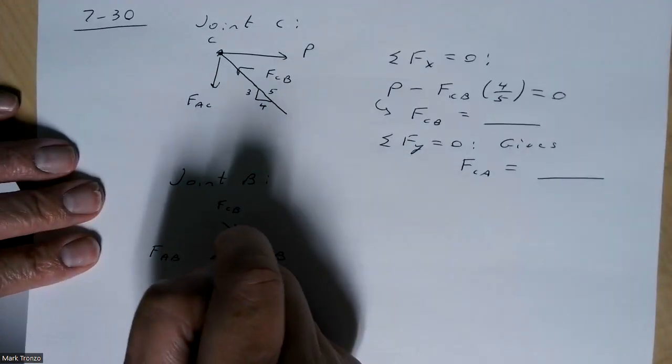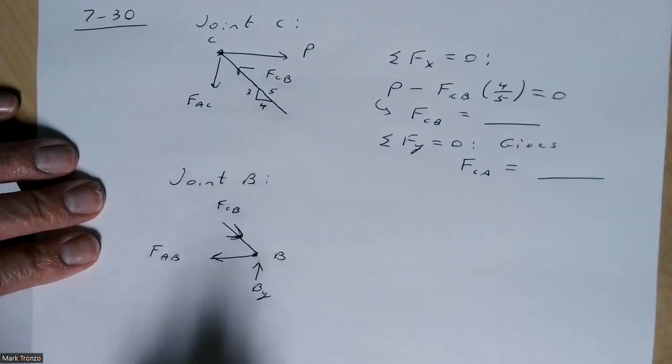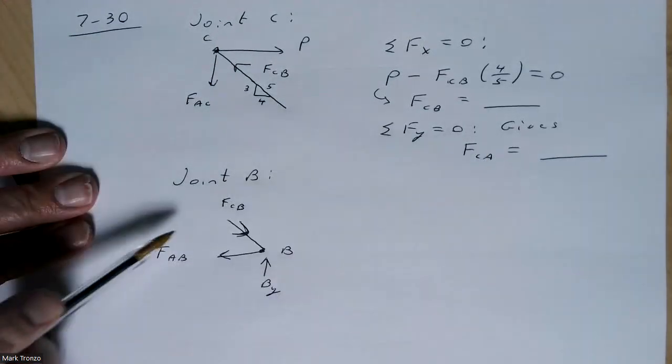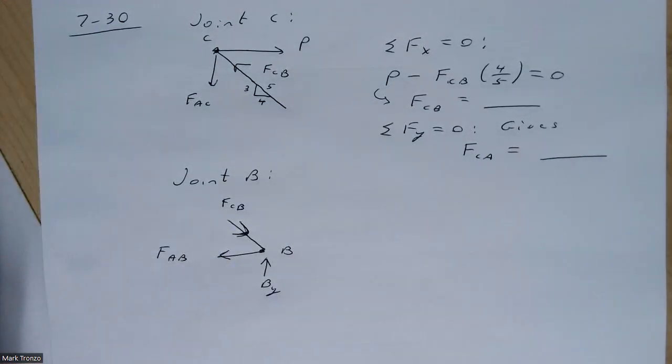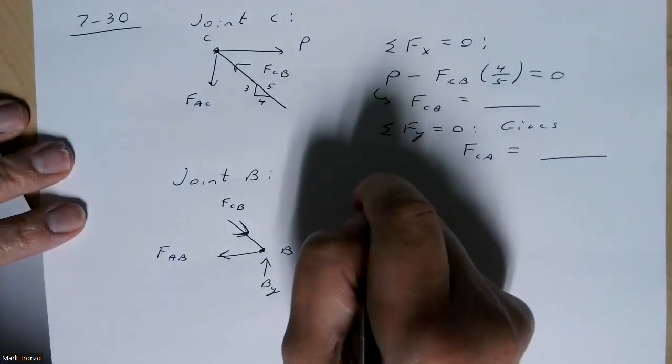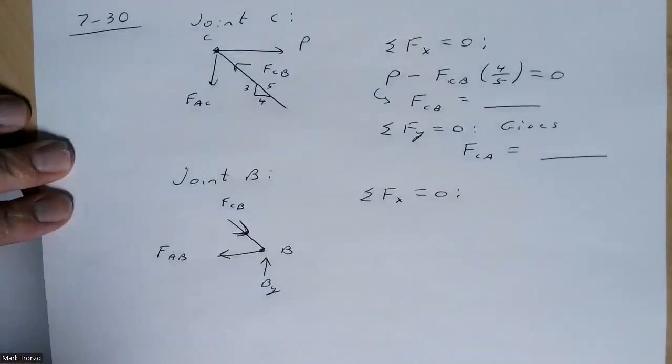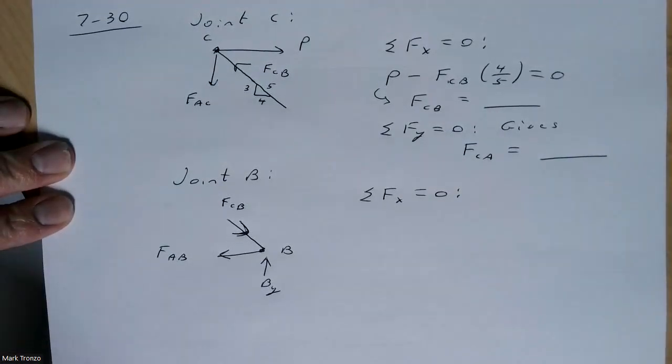So go to joint B. And so at joint B, of course, you can use the FCB you found up here and do it down here just in the opposite direction. And then sum the forces in the x direction, set those equal to 0.